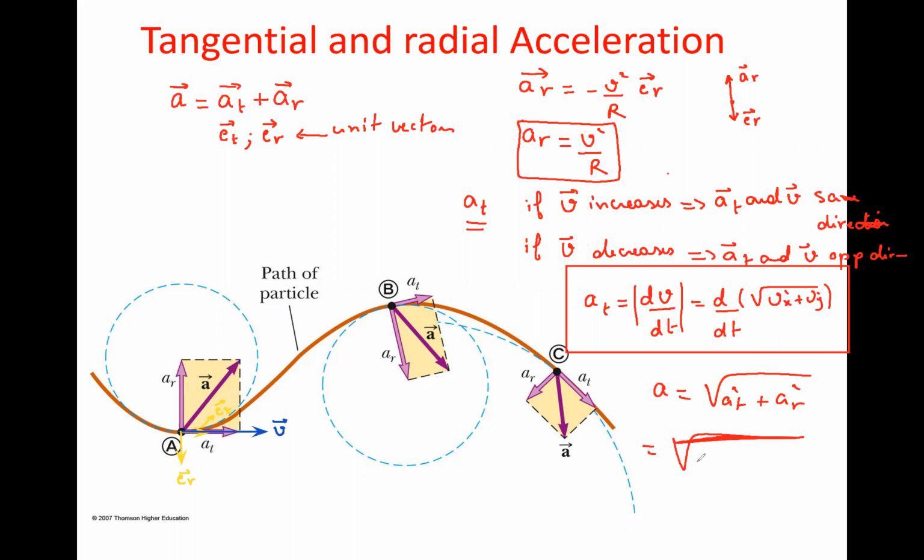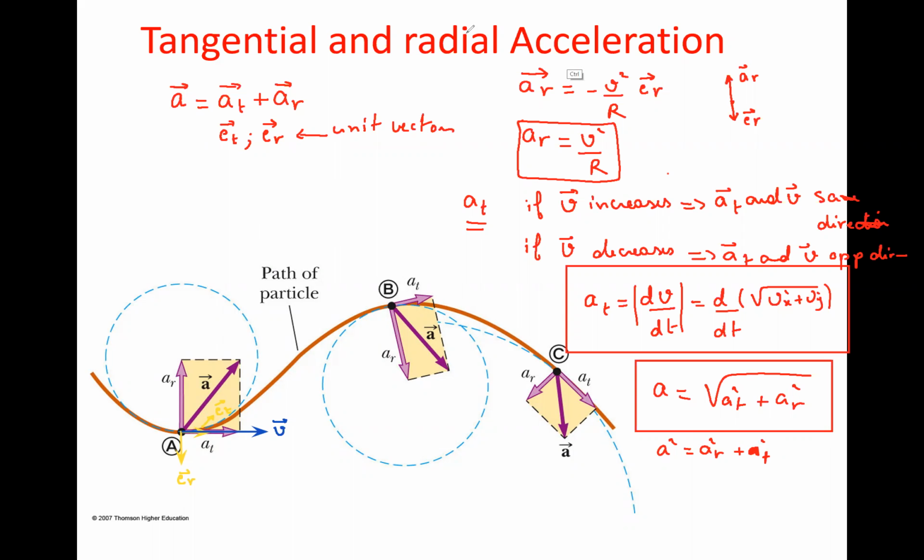You have to calculate the values in this equation, or you can write here A square equals AR square plus AT square. This is in the case of a trajectory as a circle.